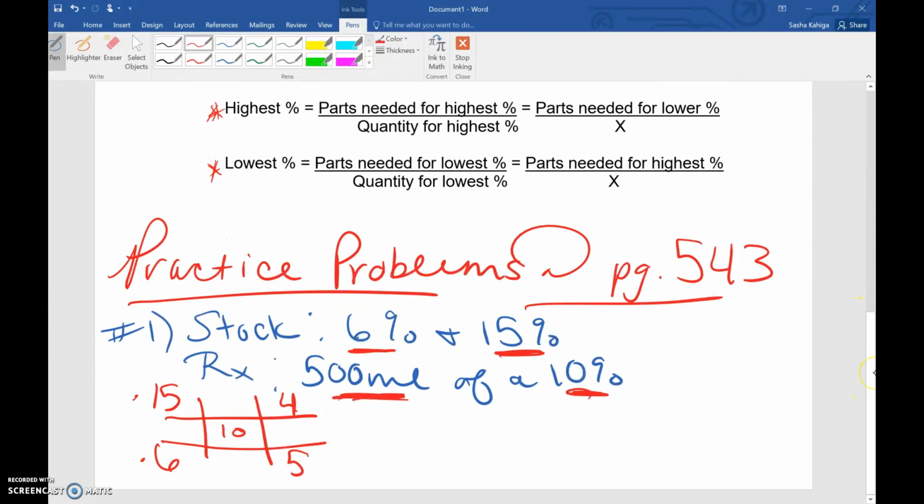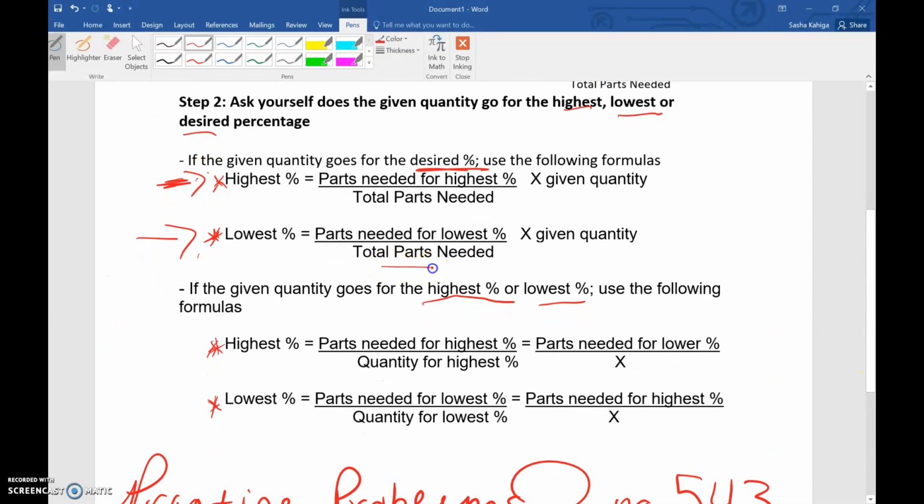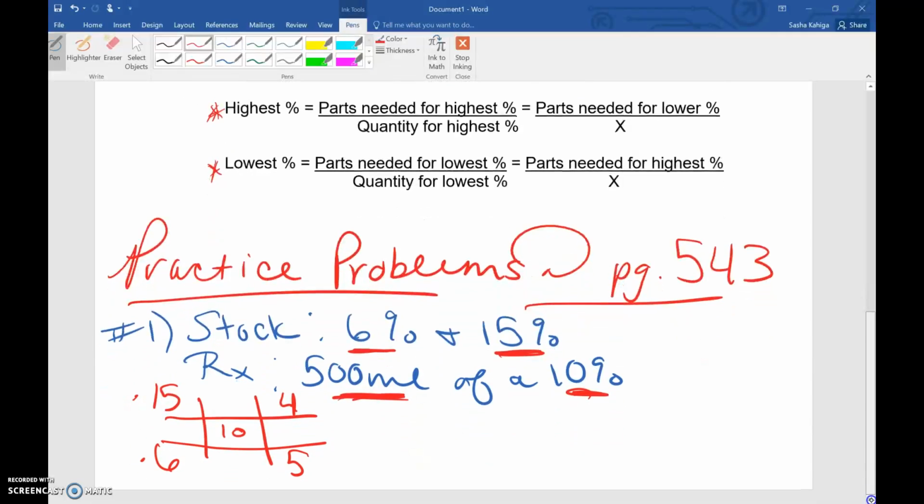Now that I know I'm going to have to use that formula, I'm going to have to get the total parts needed. In order to determine the total parts needed, you're going to add the 4 parts of the 15% and 5 parts of the 6% together. 4 plus 5 is 9. So you need 9 total parts.